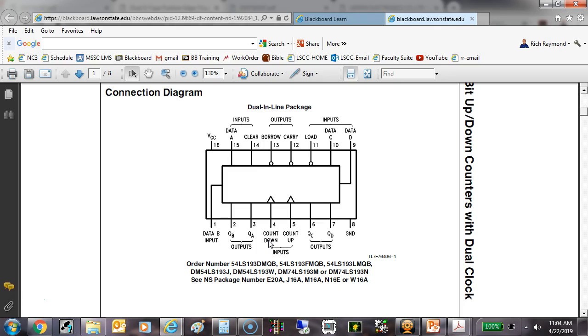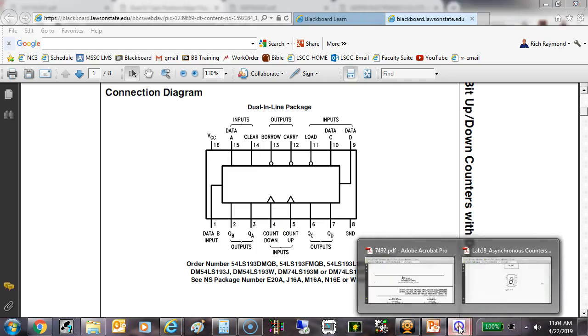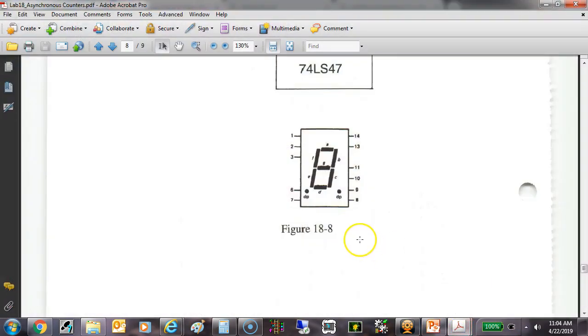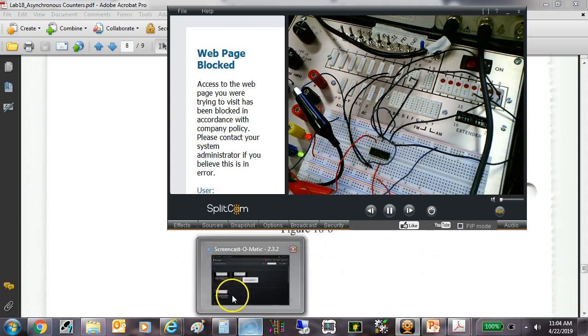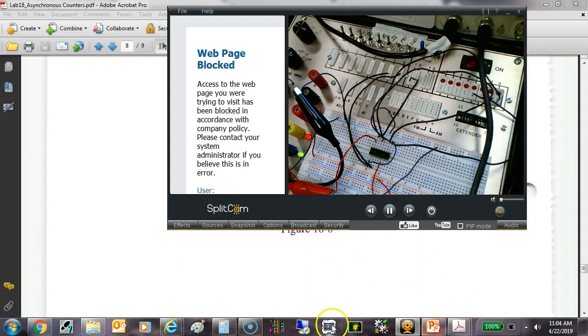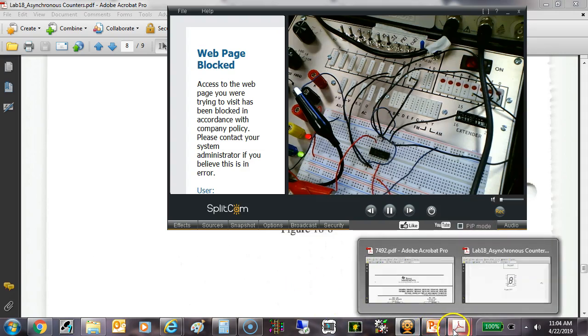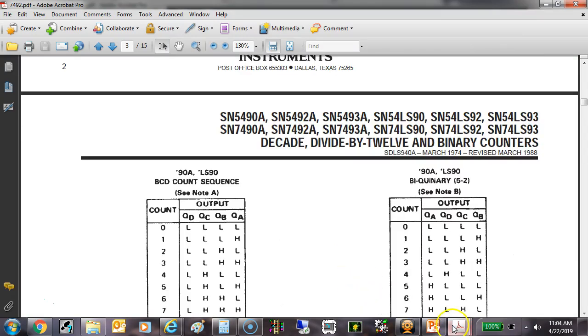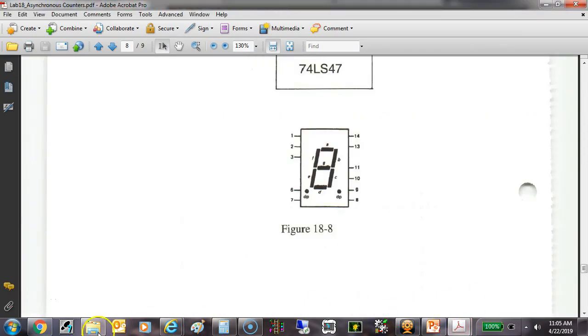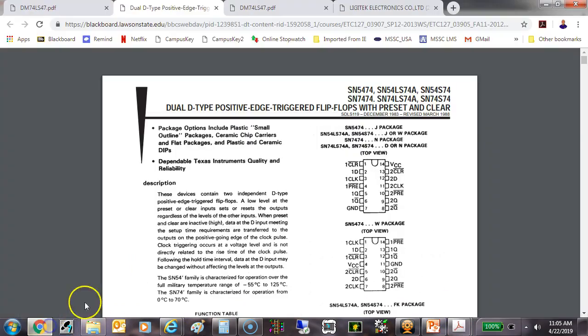So this is a 7493. Let's see what the question asks now. What is the question? Up counter. Oops.